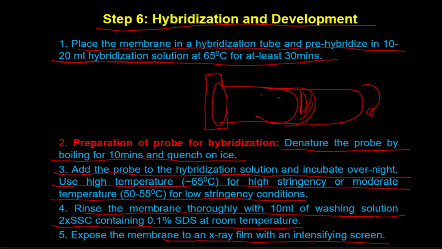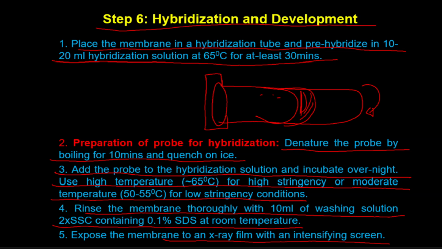hybridization and development of the blot to see the strands. So place the membrane in a hybridization tube and pre-hybridize in 10 to 20 ml of hybridization solution at 65 degrees Celsius for at least 30 minutes. Okay?